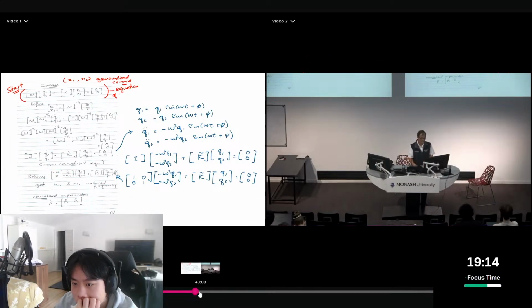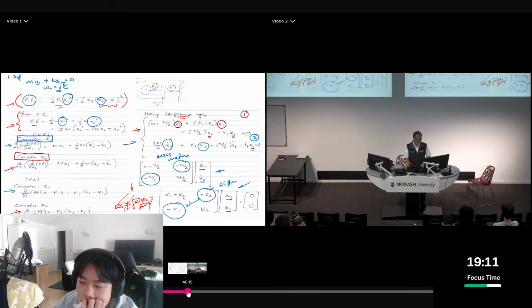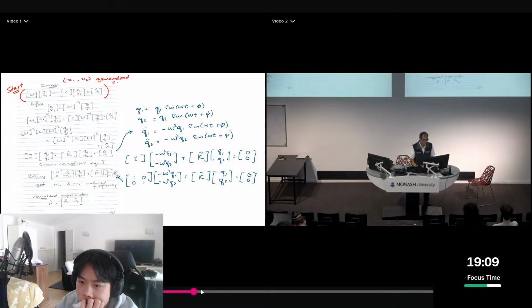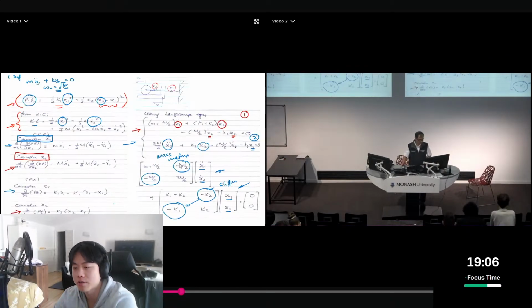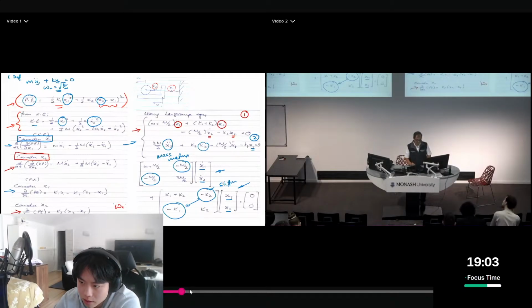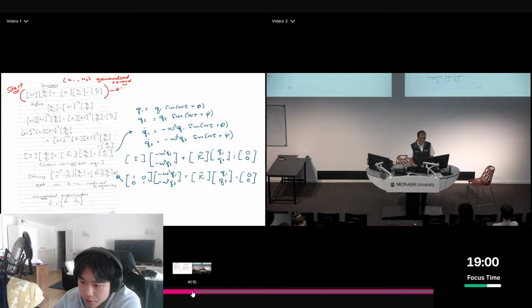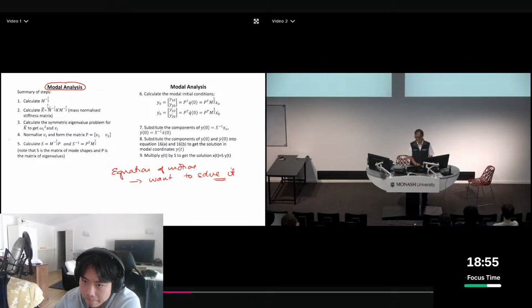All right. Now, what that means? You have a mass matrix, you have a potential matrix. Calculate the inverse square root of the mass matrix. You have the potential matrix, the inverse square root of the mass, and then a symmetric eigenvalue problem.